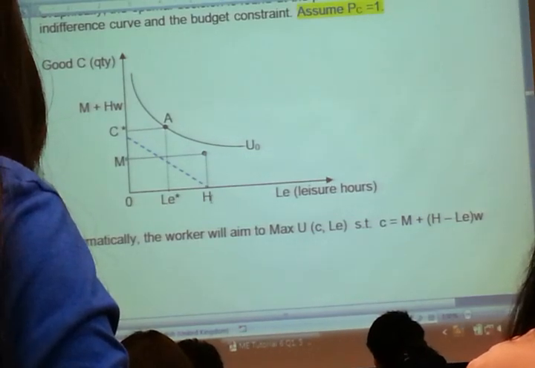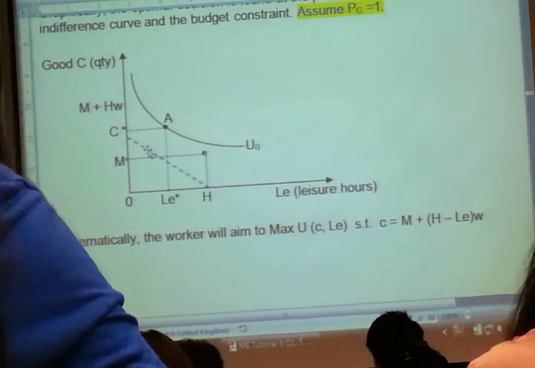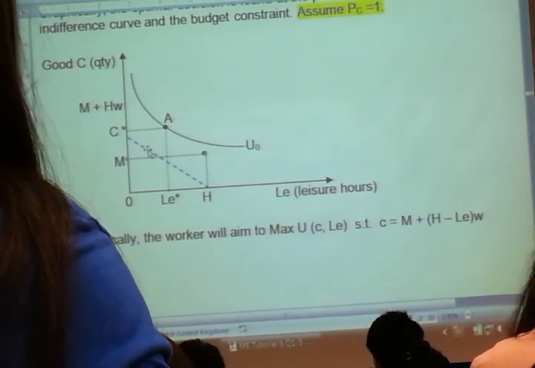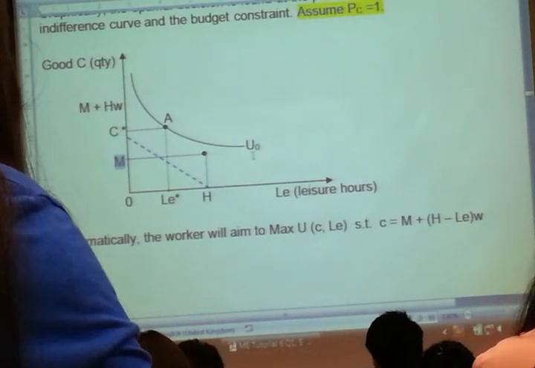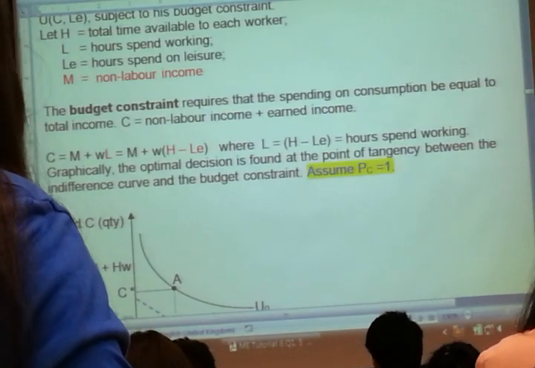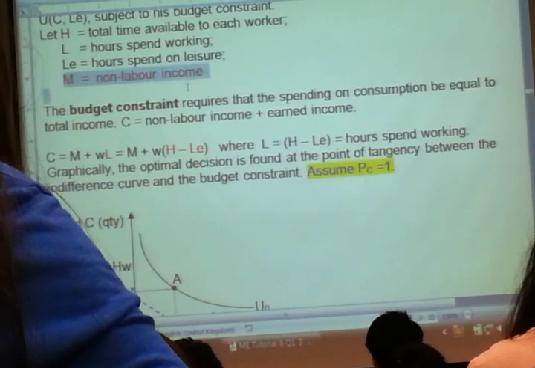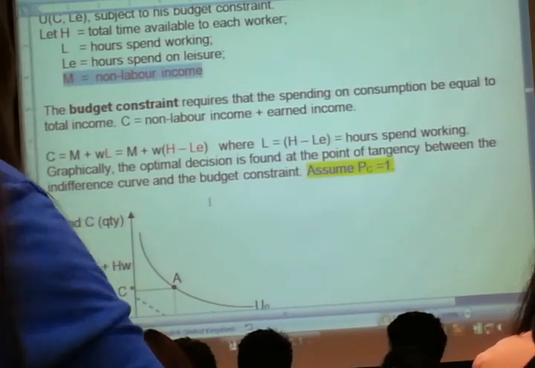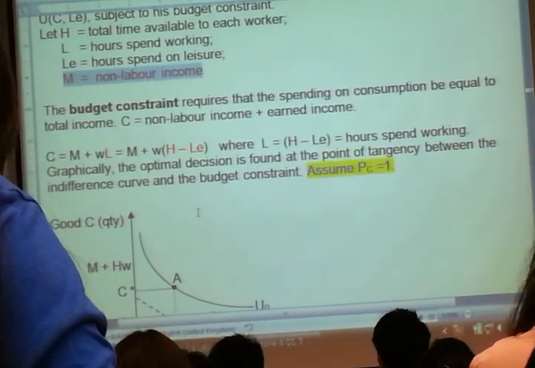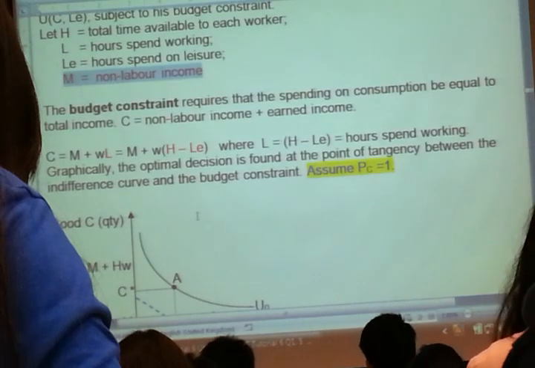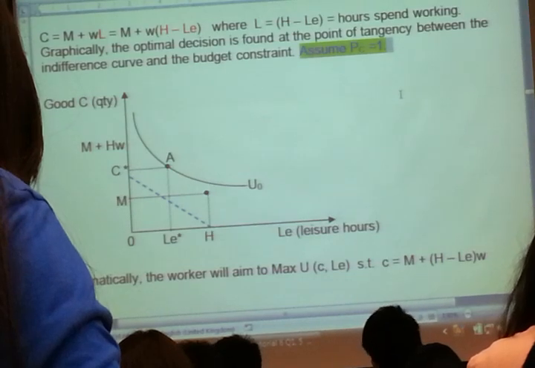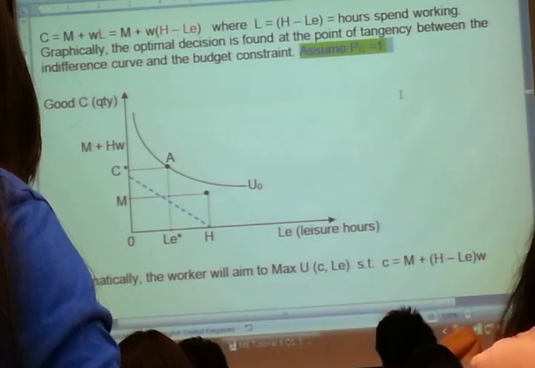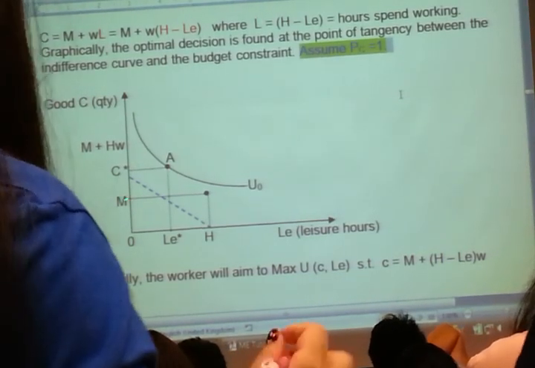Oh, so that means when you have 24 hours of leisure, your C is not 0, it's N. Why? Because this is your income. Now with this income, how many C can you buy? Take your entire income divided by this, right? That will give you the quantity of C you can buy.